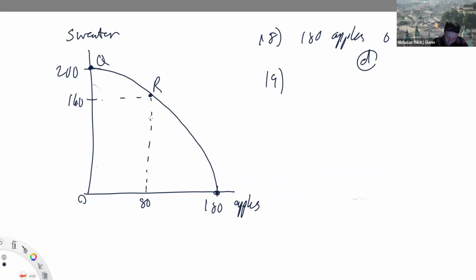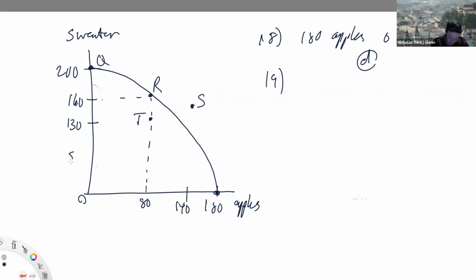What about T here? Well, T looks like it's about 130 sweaters and 80 apples. All right, S is going to be like 140 sweaters and 140 apples.